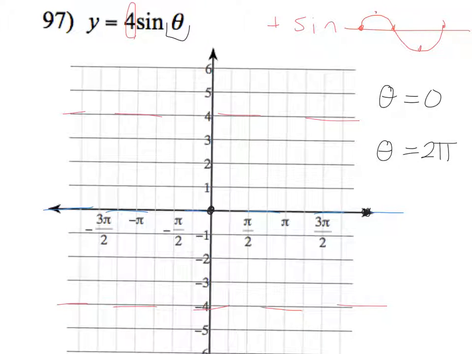Halfway between these two is going to be pi. That's my middle point. So now I've done that guy, and that guy. I'm going to go halfway to the top, halfway between them to the bottom, and make a nice smooth curve.